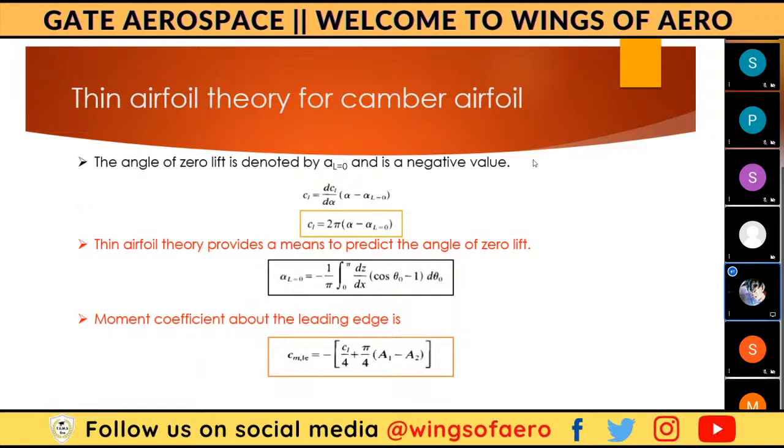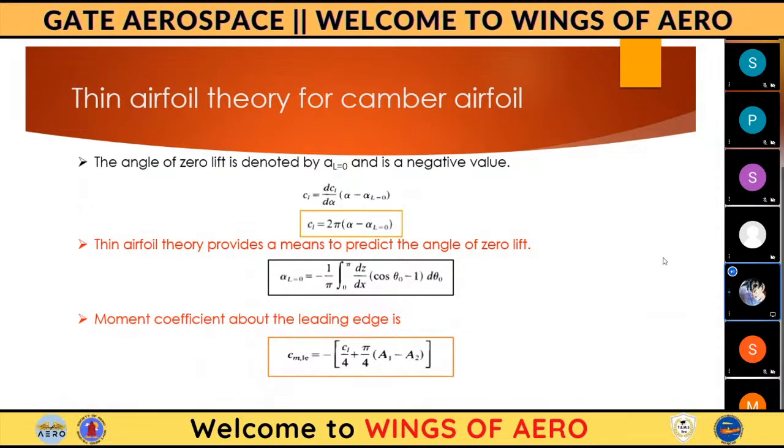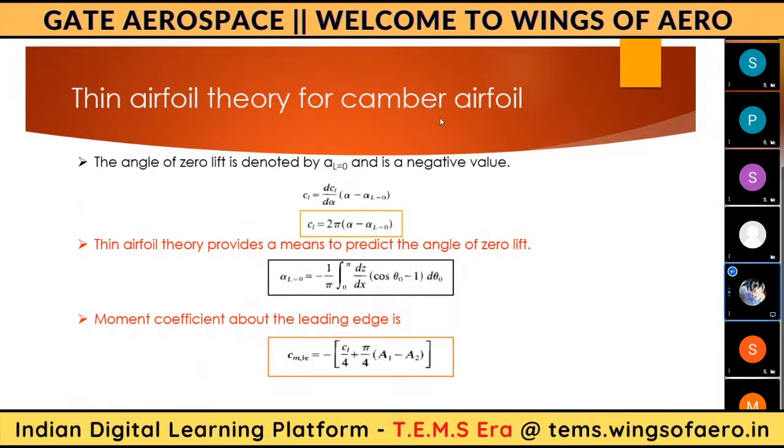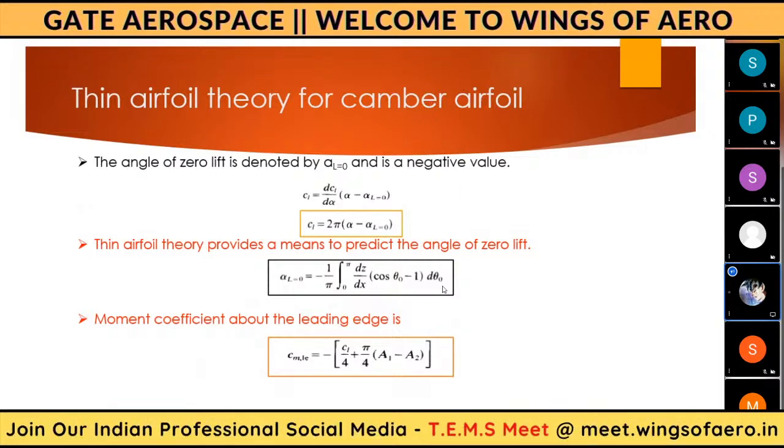Then for the dz by dx value, for limit 0 to 1.36 you need to substitute the first equation, and for limit 1.36 to pi you need to substitute the second equation.